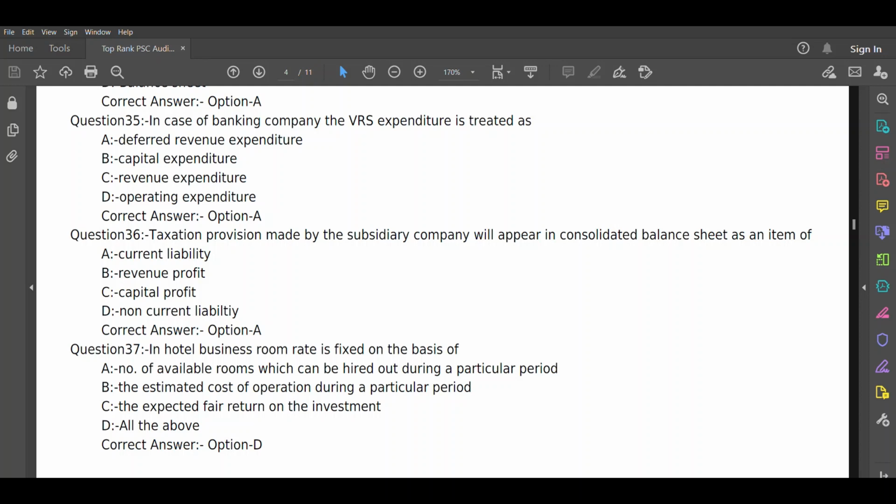Taxation provision made by the subsidiary company will appear in the consolidated balance sheet as an item of current liability. In hotel business, room rate is fixed on the basis of all of the above: number of available rooms which can be hired out during a particular period, the estimated cost of operation during a particular period, the expected fair return on the investment.